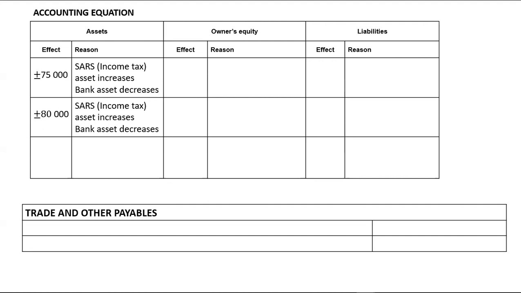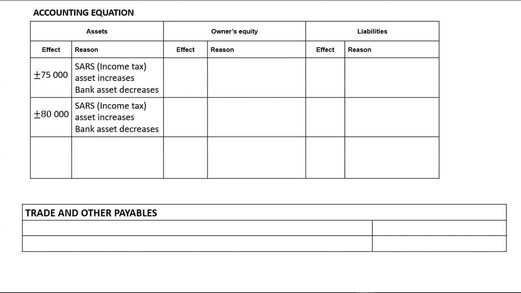Please note that for SARS income tax, our total current asset is sitting at that 75,000 plus 80,000, which will give us how much actually. It is not 75,000. It's supposed to be 65,000 plus 90,000.